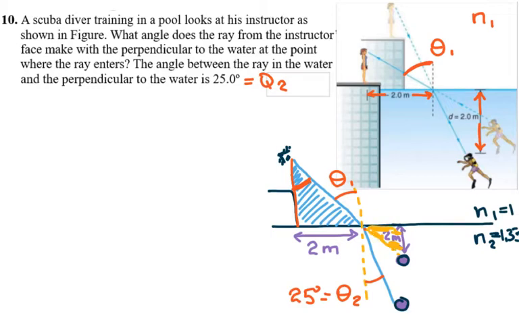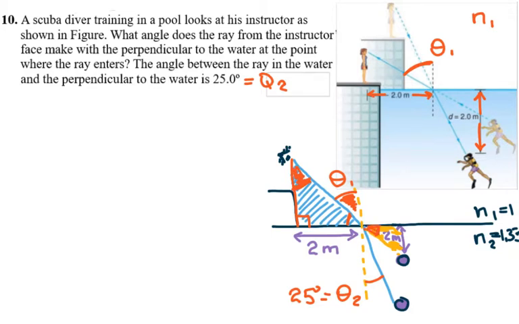That's a right angle triangle as well, because I have those two lengths, 2 meters and 2 meters. I don't know this angle, but it is the same as this angle. This is 90, and this angle is the one that we're looking for, and we do not know this angle.